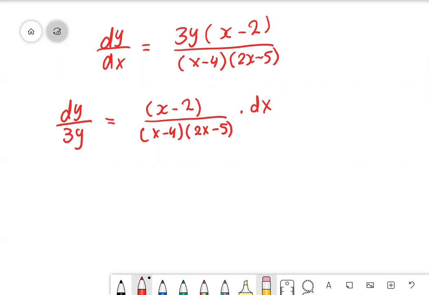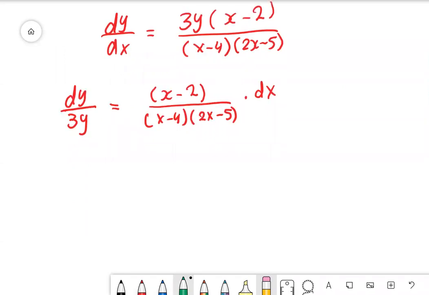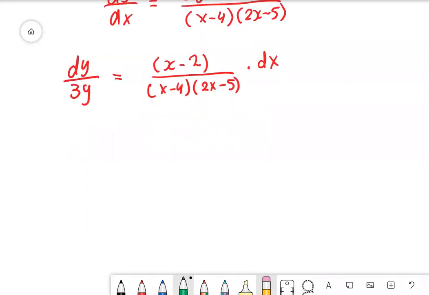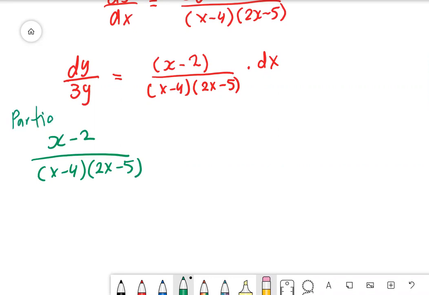Okay, the one with the A and B. So for now, we will stop from carrying on in this question. We'll do the partial fraction part. So I have x minus 2 over x minus 4 times 2x minus 5. Here is partial fractions.